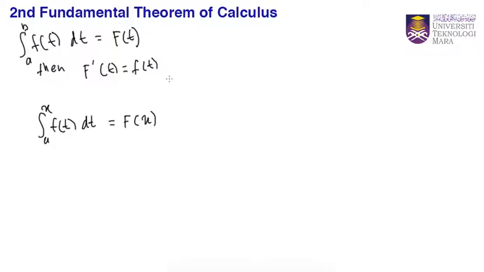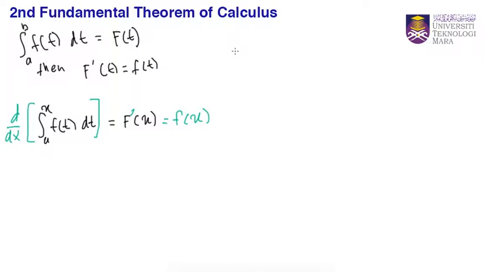And then when you differentiate F(x), that means you have to differentiate all the function here. So when you differentiate this, you will get F prime x. So what is our F prime x? Previously, we know that F prime t is equal to small letter f(t), and now capital F prime x is equal to f(x).